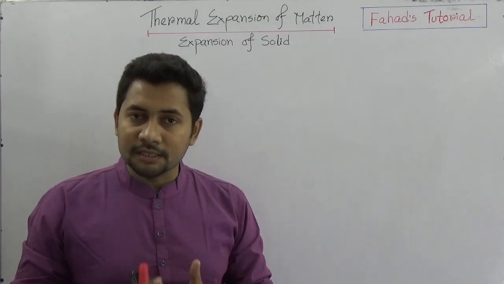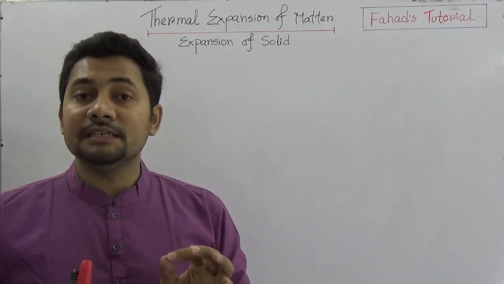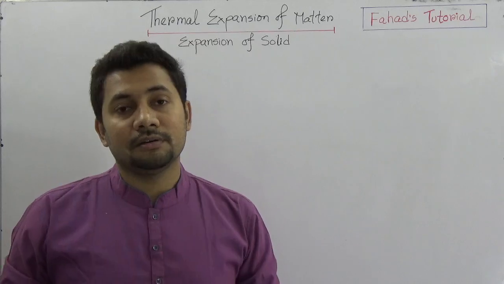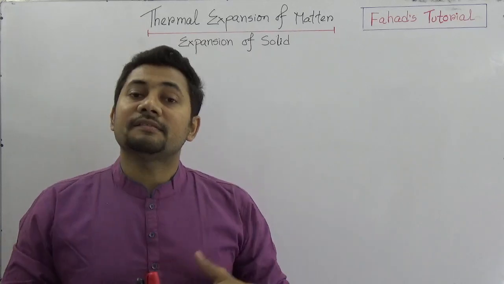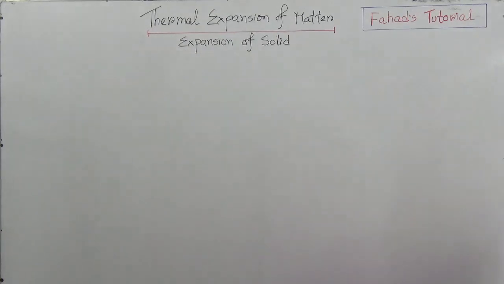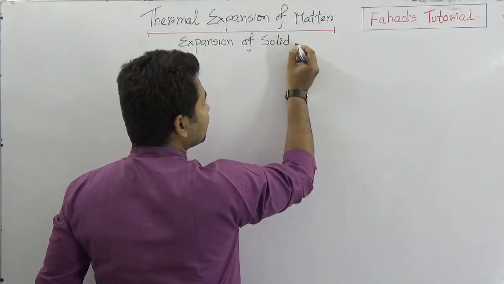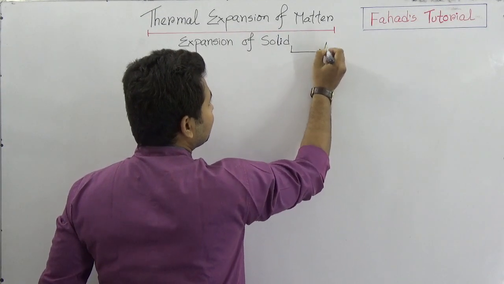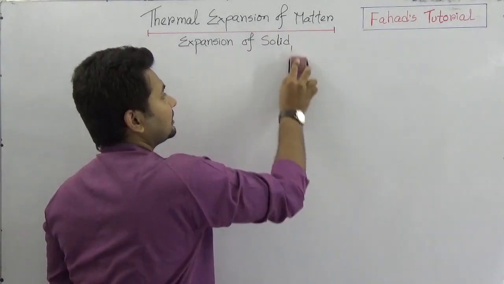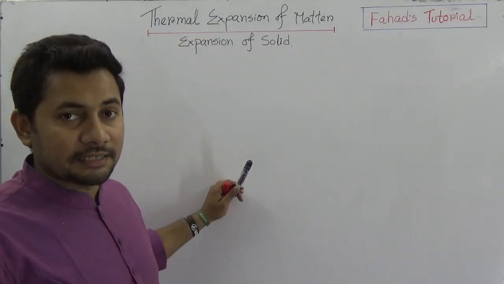So in solid there are three types of expansion. First is linear expansion, then superficial or area expansion, and third is volume expansion. I'm coming up with more detail.